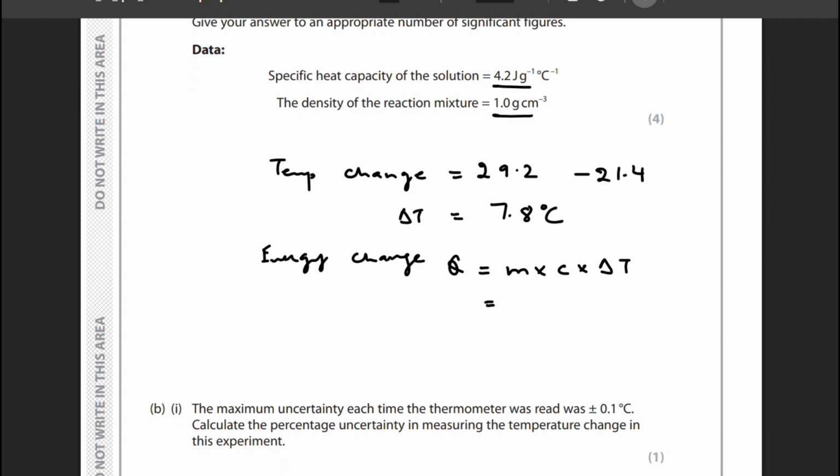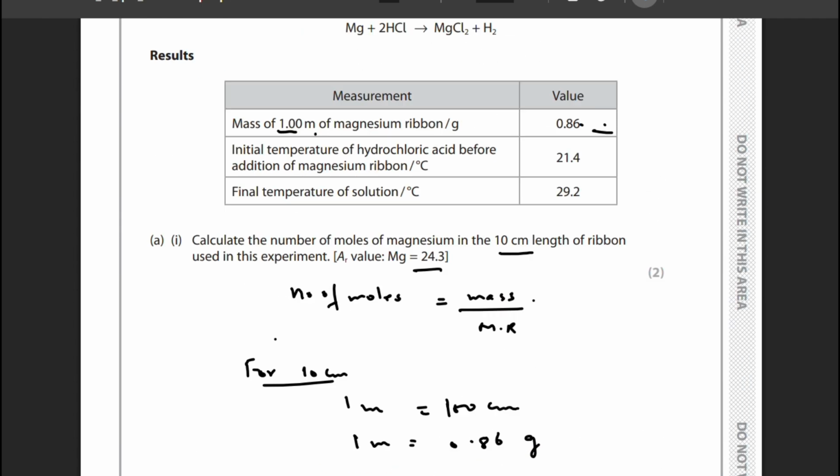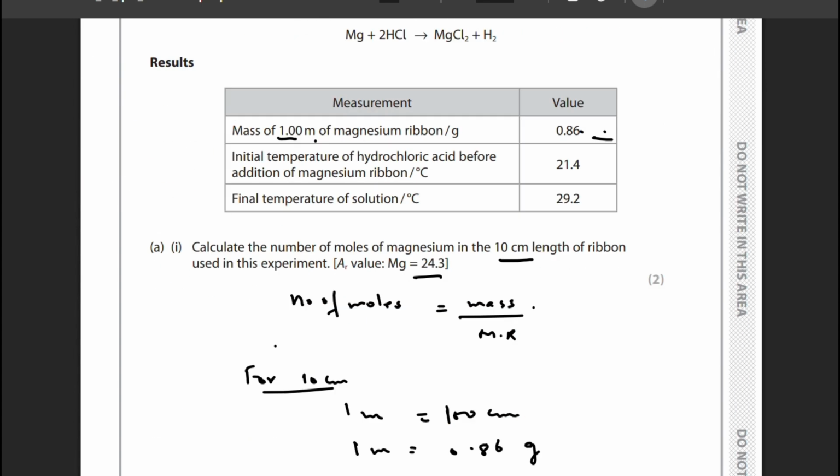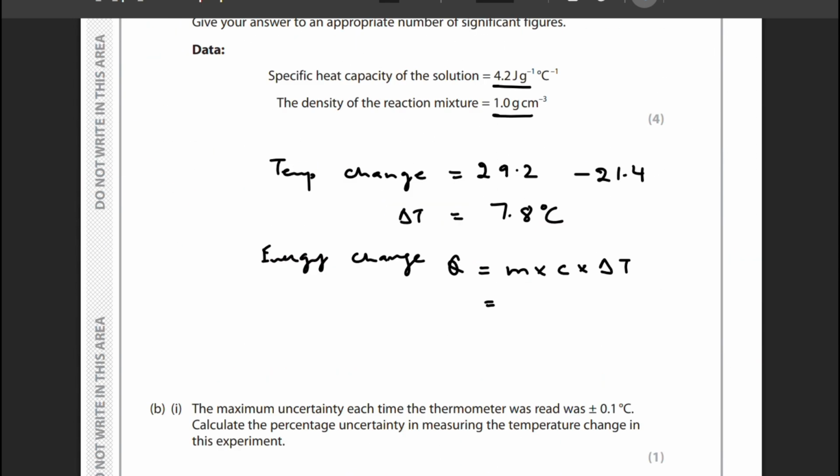Now the mass of the solution will be taken. You know, here 50 centimeter cube of hydrochloric acid is used here. So 1 centimeter cube is equal to 1 gram. So here the volume will be considered as mass here, and we will use 50.